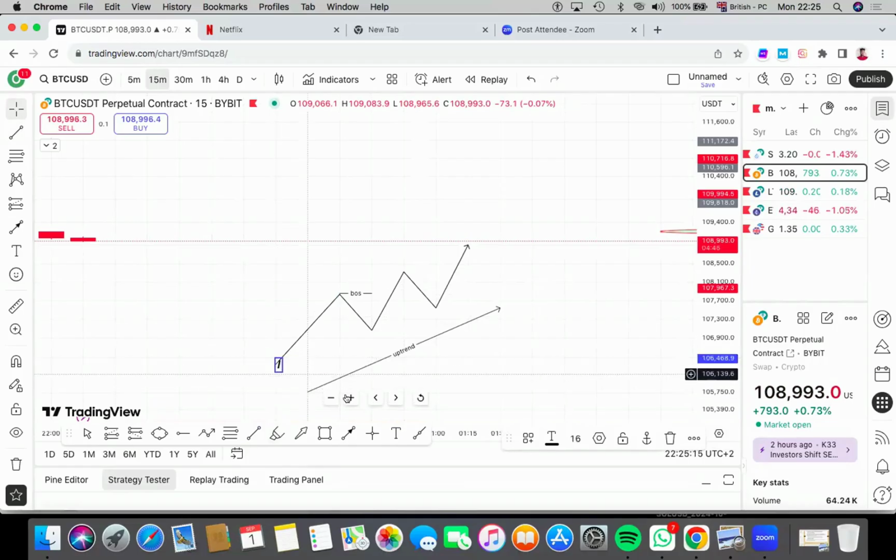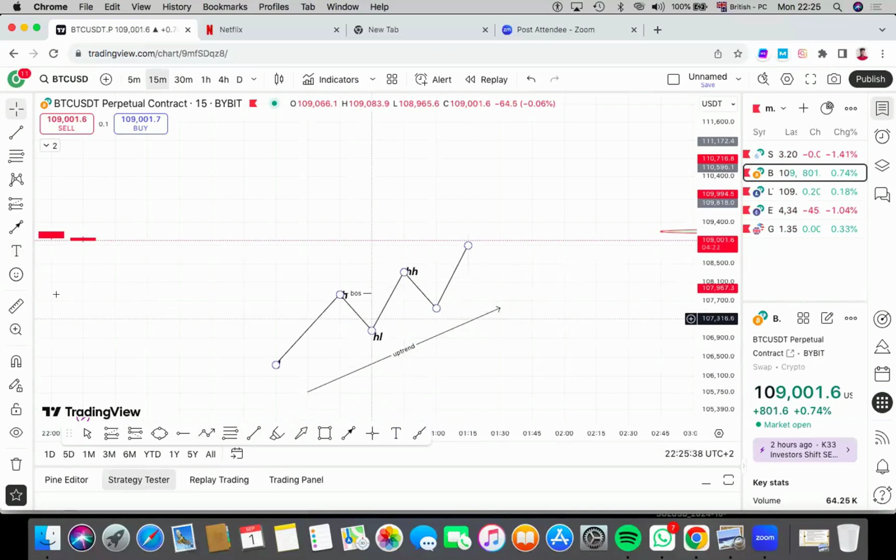And then we have a high. And then we have a higher low. And then we have a higher high. And then we have a higher low.